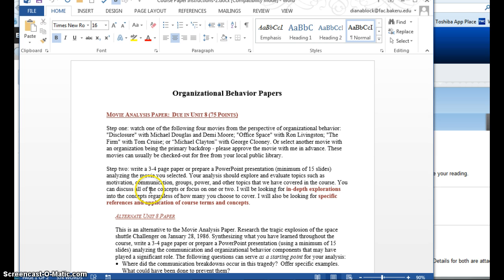Okay, so that's part of the instructions. And the other issue that I really want to point out is we're looking for in-depth explorations of the course concepts, specific references and applications of course terms. So when we say in-depth exploration, that means I want you to give me some information that demonstrates that you have taken this course and learned this course.